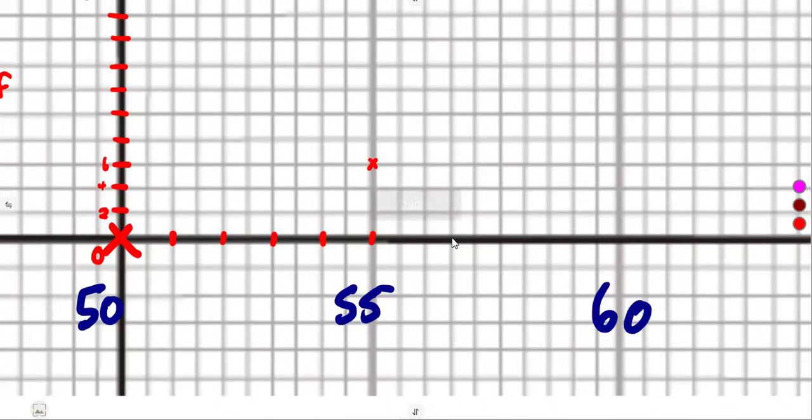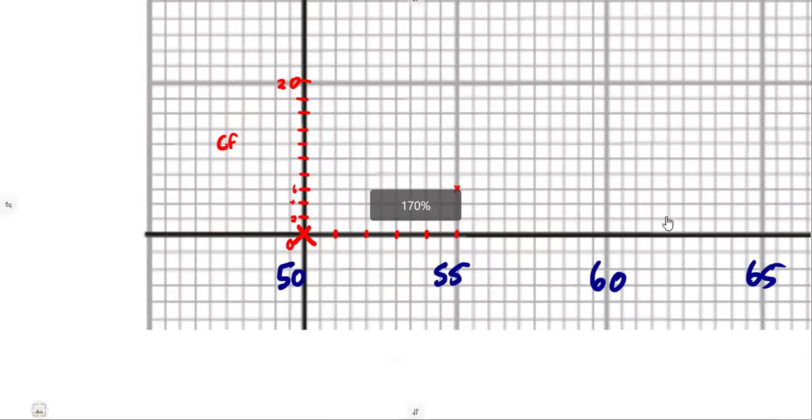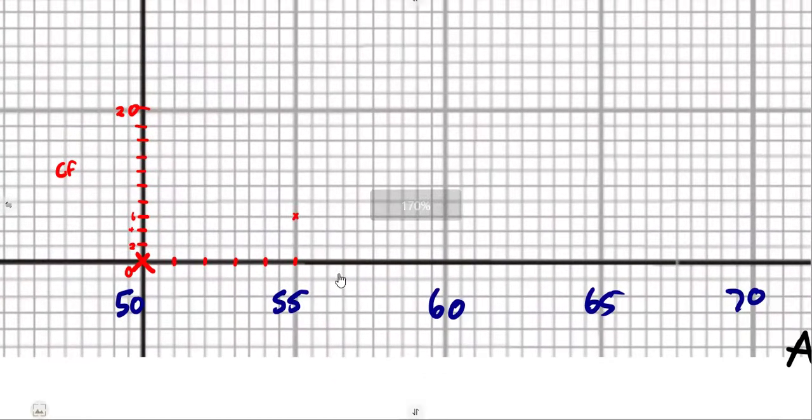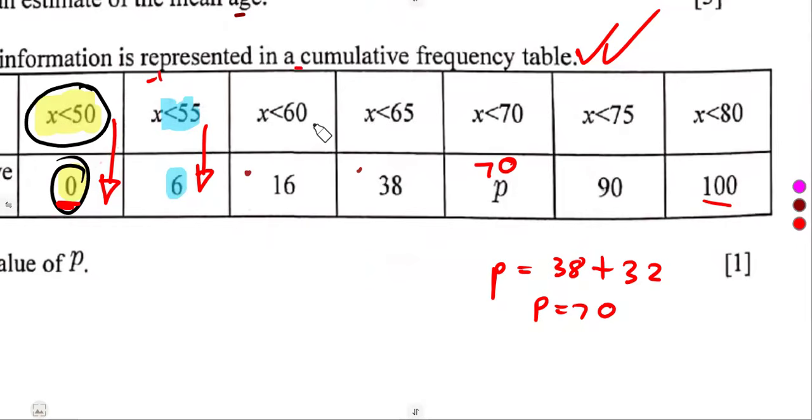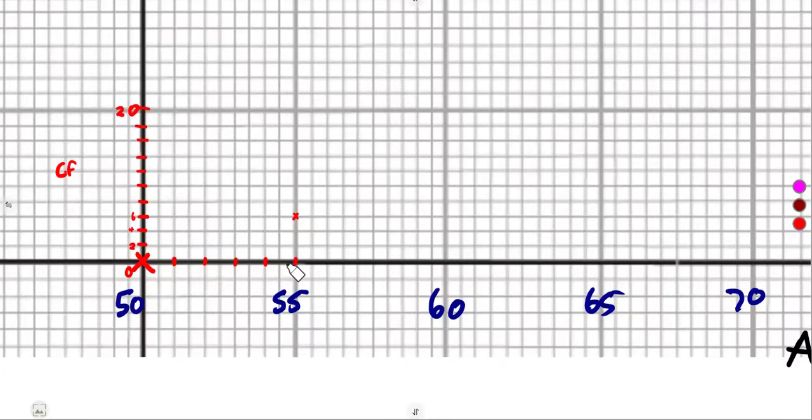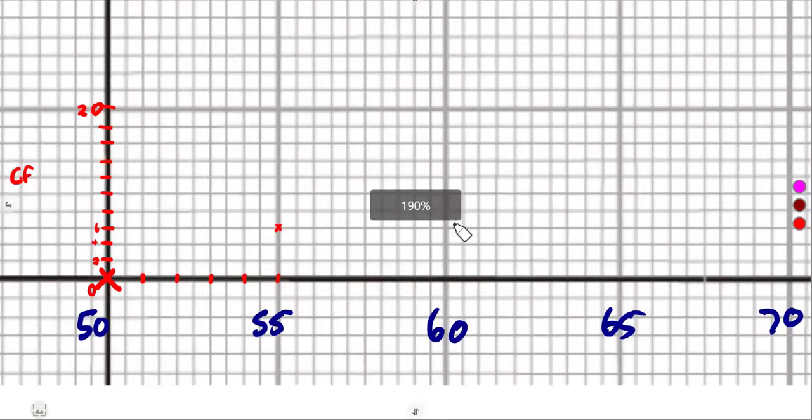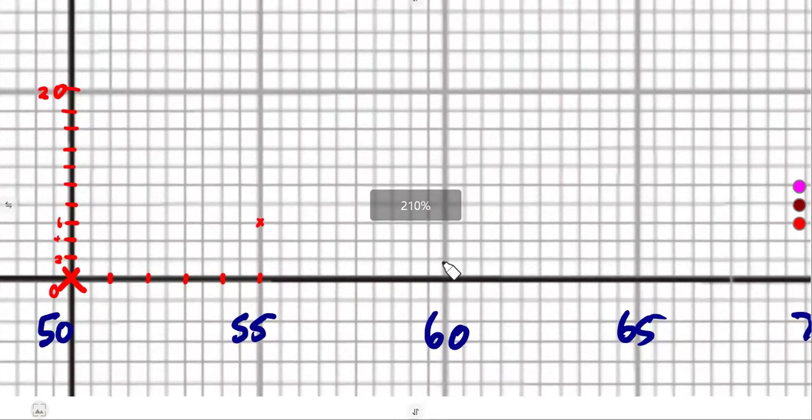Then we move on to another one, which is 60 versus 16. That's 60 and 16 there. We are still in this range of 20. So 60 here, then 16, there's 2, 4, 6, 8, 10, 12, 14, 16. So that's it.